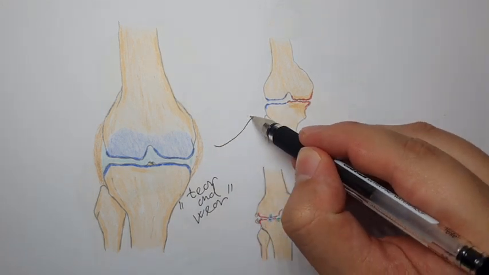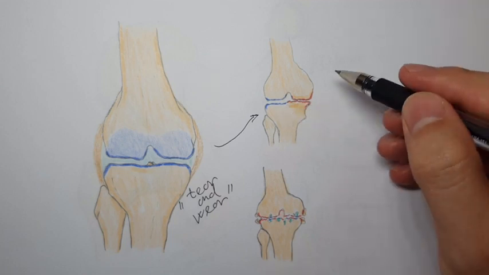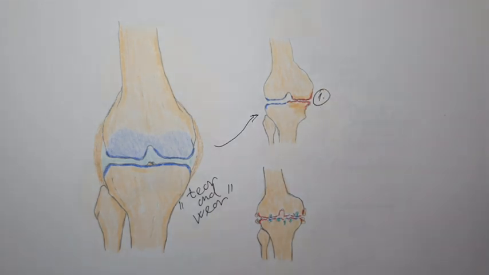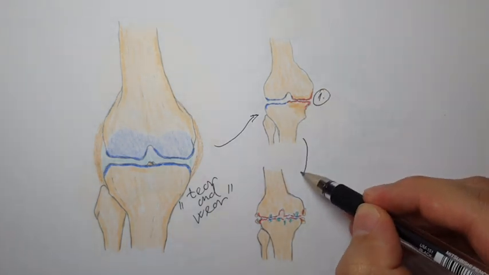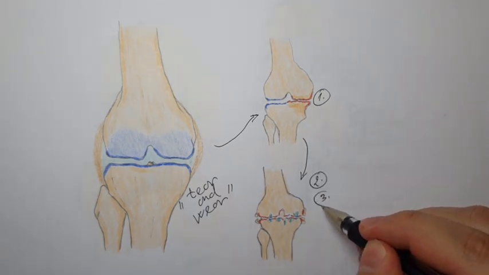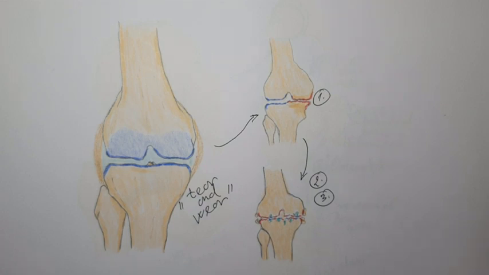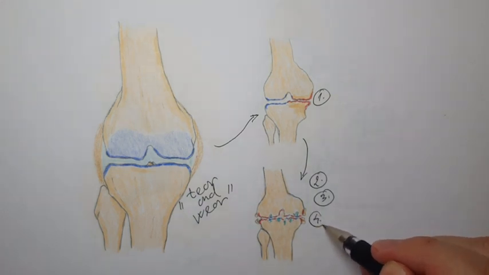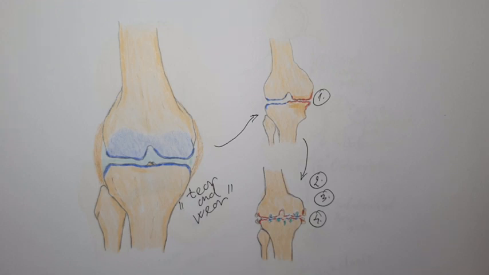We will see cartilage damage, joint space narrowing, and later osteophyte formation, eburnated bone or dense subchondral bone, and bone cyst formation. We can see all of these features also in the knee joint.